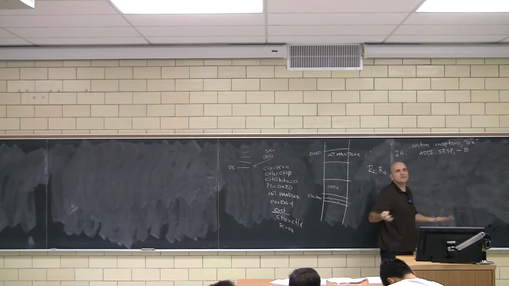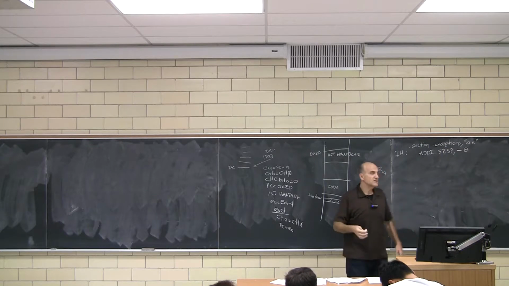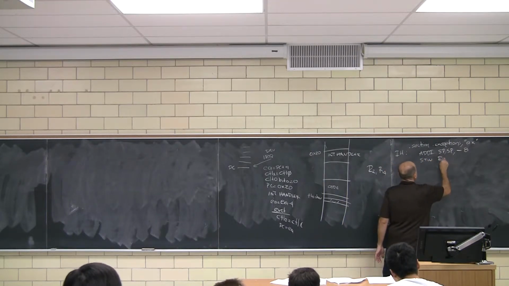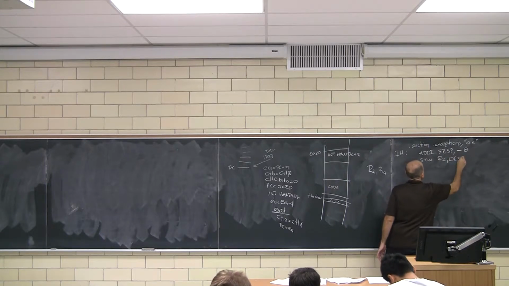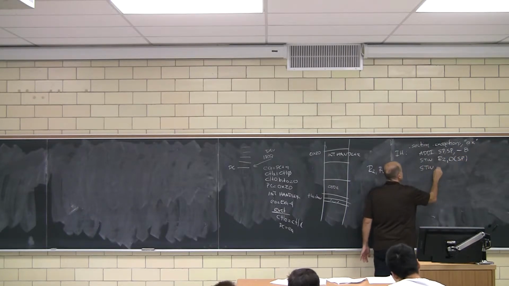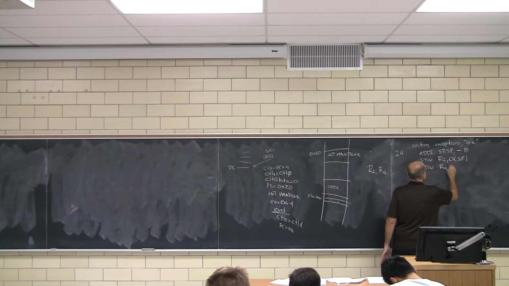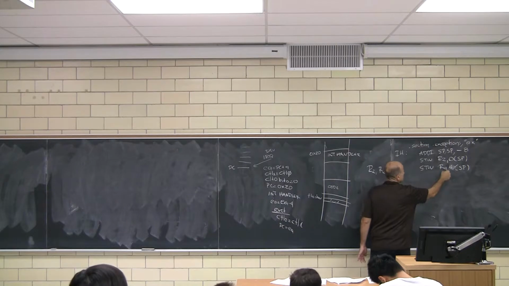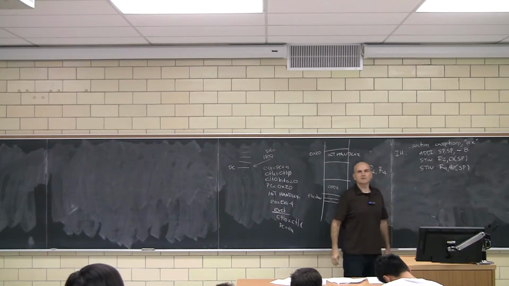Why 8? Because there are 2 registers I want to save. Next thing I will do will be store word R2, 0(SP), store word R4, 4(SP). Nothing to do with the fact that this is register 4. Just 4(SP).